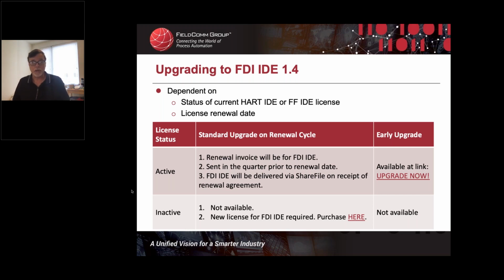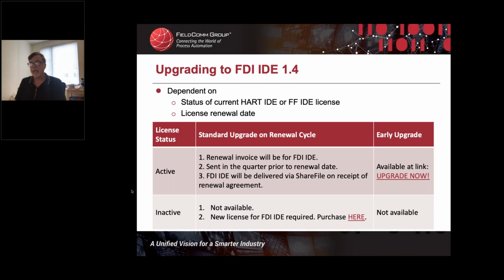Well, in that case, you might want to think, do I want to start developing on the FDI IDE now? And if so, I should upgrade early. So we're providing a path to allow you to upgrade your license from the HART or the FF-IDE at an earlier date. And there's an upgrade link. There's a form that I'll show you in a couple of slides that describes how you go about doing that.